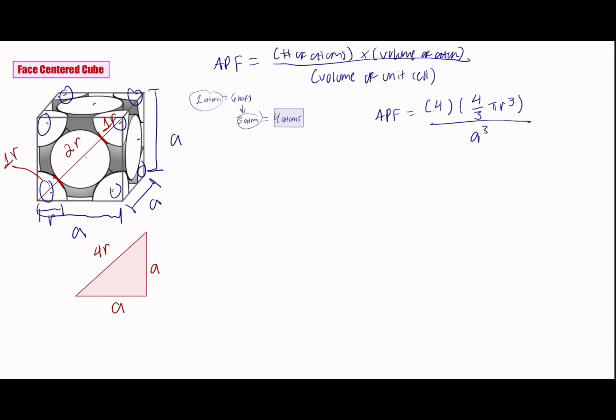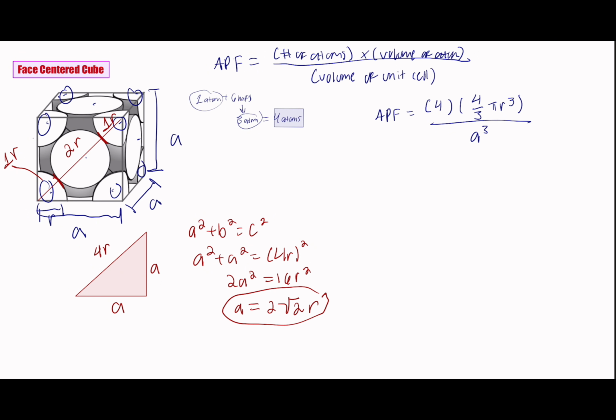So using this equation, we can calculate the relationship between a and r. This would be a squared plus a squared equal to 4r squared, which simplifies to 2a squared equal to 16r squared, and simplifying even more, we get a equal to 2 square root of 2 r. We will use this to plug it in here.